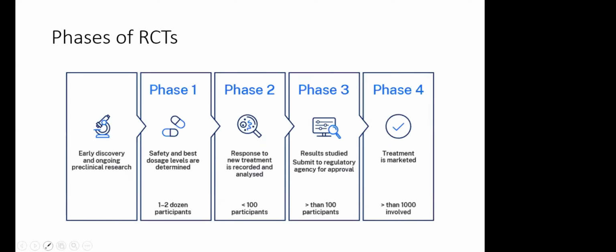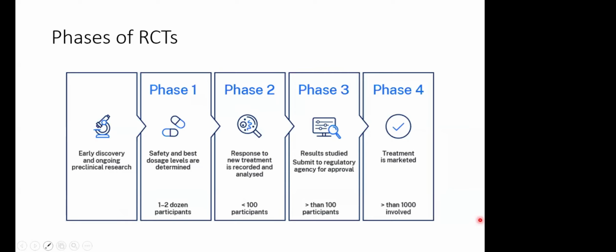Okay, so now we briefly look at the phases of RCTs. So they're usually divided into 4 phases, or technically 5. So the first phase is usually the early discovery or preclinical research phase.